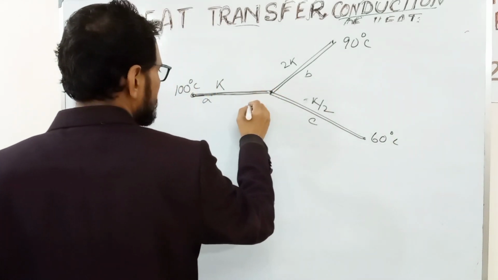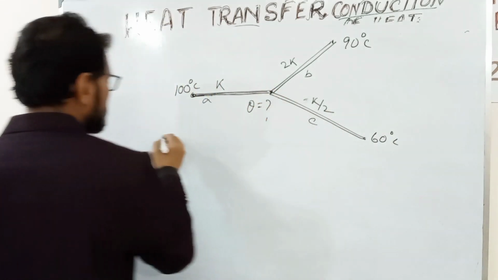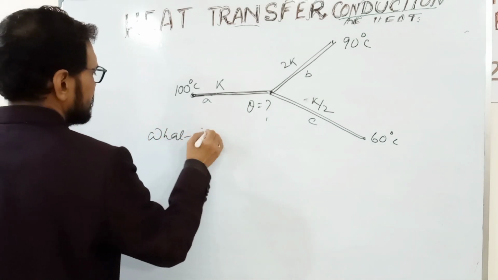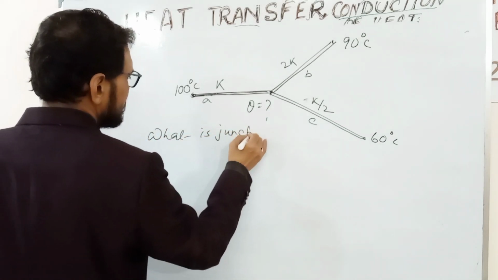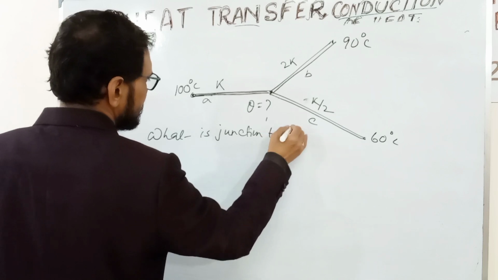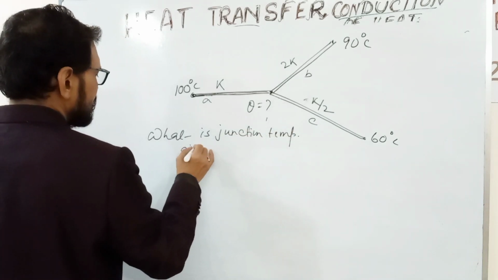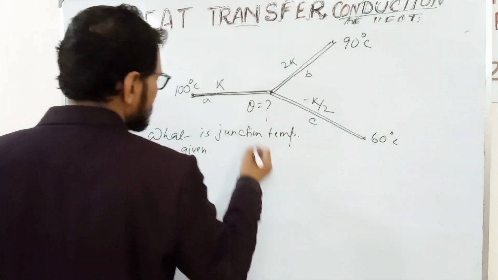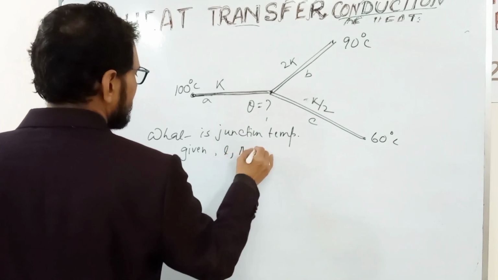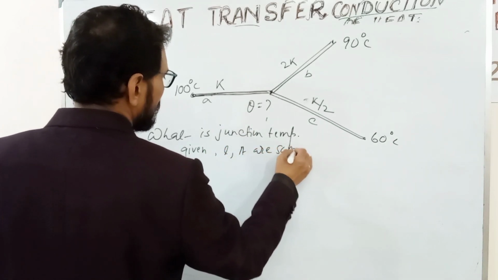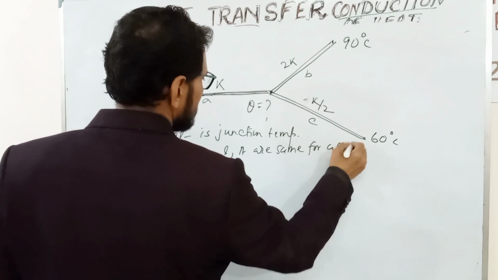What is the junction temperature? Given length and cross section area are the same for all the rods.